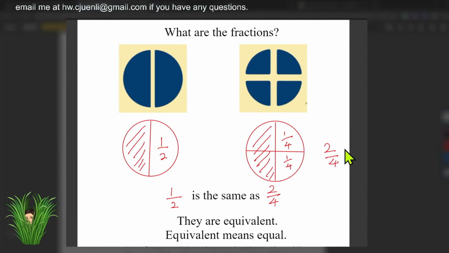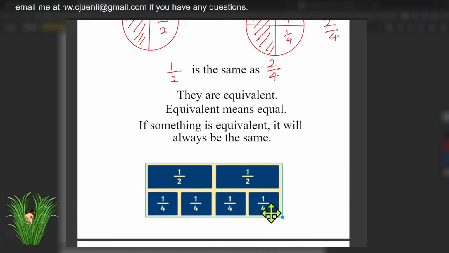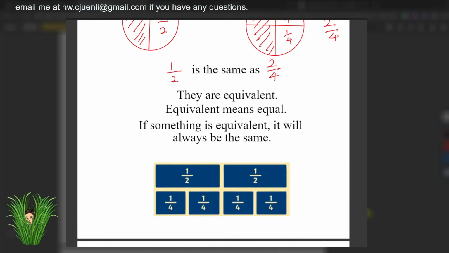Over here is another kind of picture of how it would look when you break it into bricks or parts. For 1 over 2, as you can see, the brick is bigger, whereas for 1 over 4, it is smaller.